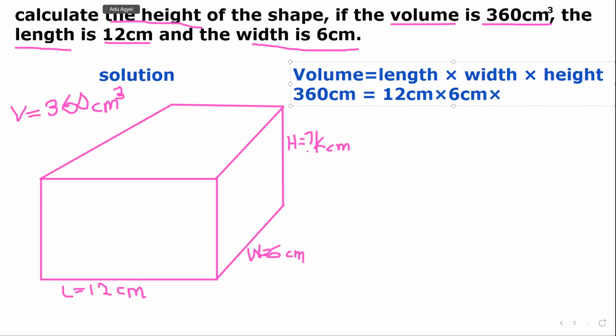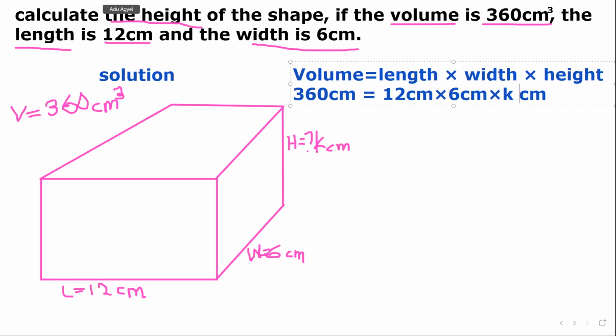multiplied by the height, which is not known, and then we have used a letter to represent that, and that one is K centimeters. Okay, we use letter K to represent that. So let's say this one is K centimeters.